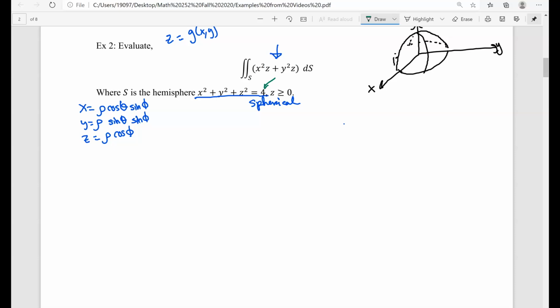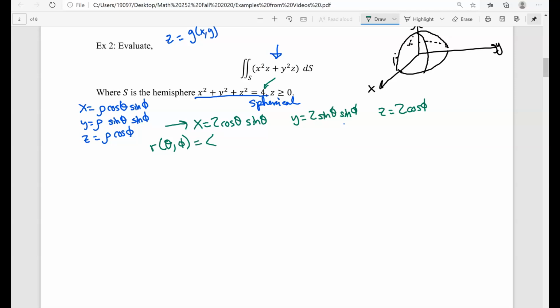So my parametric equation is going to be x equals 2 cosine theta sine phi. My y is going to be 2 sine theta sine phi. And my z is going to be 2 cosine phi. Again, you can write it as r of theta and phi. So those are my two variables that I'm using for my parametric equations.